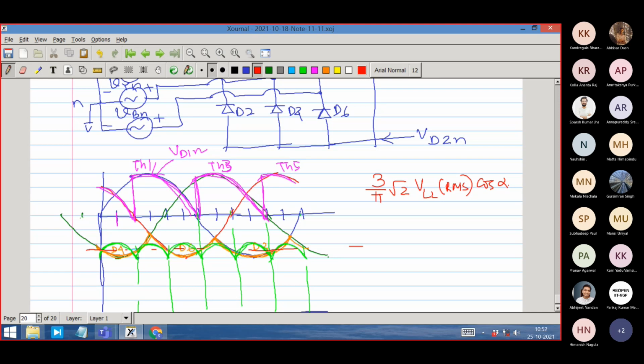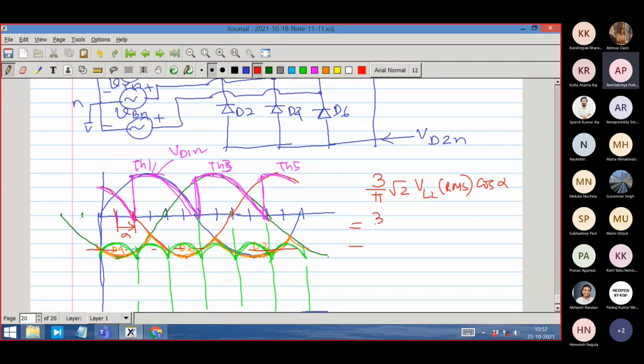And how will it be modified? You have to think that one alpha is alpha, and for the other, alpha is equal to 0 degrees. That is the difference. Maybe we can divide it into two parts. Yes, good.